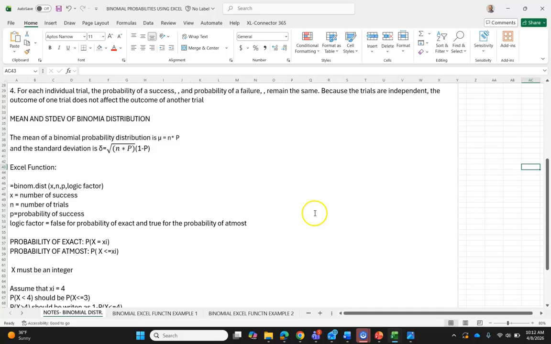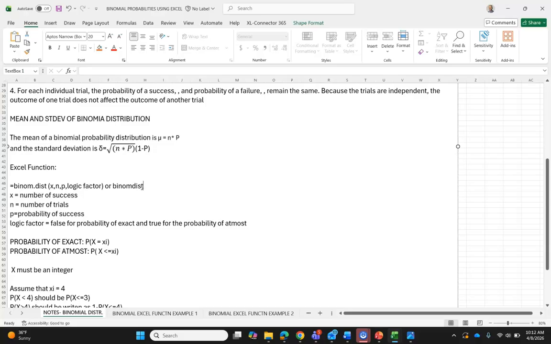So the function is binom.dist, and we have a number of things that we need to fill into the formula. You could use binom.dist, and get results as well.